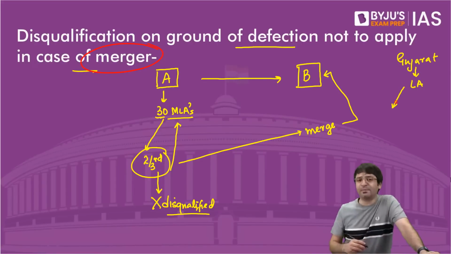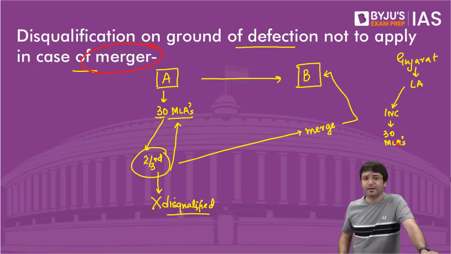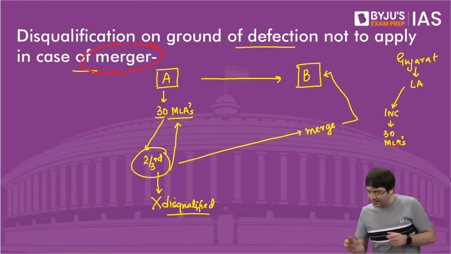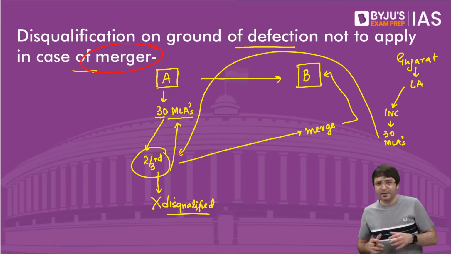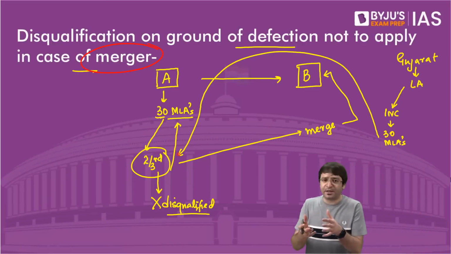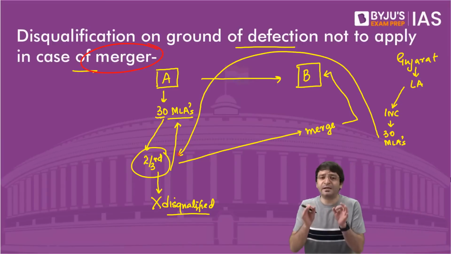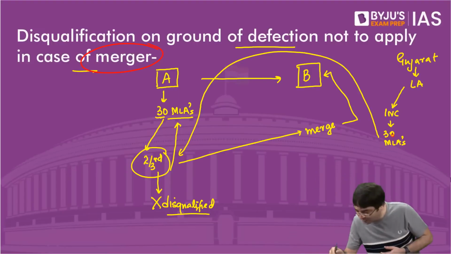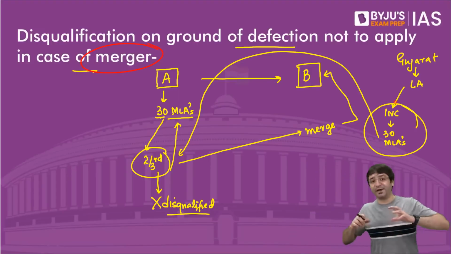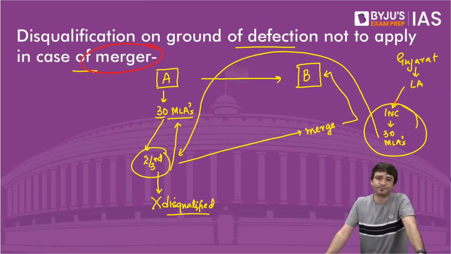In the Legislative Assembly of Gujarat, for example, the Congress has 30 MLAs. It was thought that if 2/3 of these MLAs resign from the Congress, join the BJP, then the anti-defection law will not apply, because these 2/3 MLAs have decided to merge with the BJP.